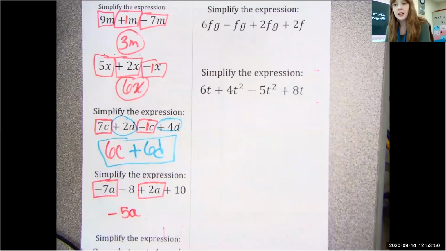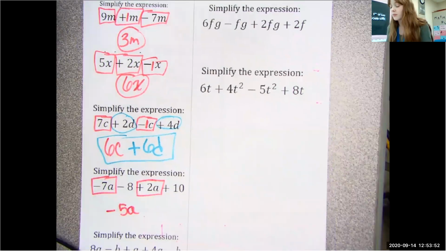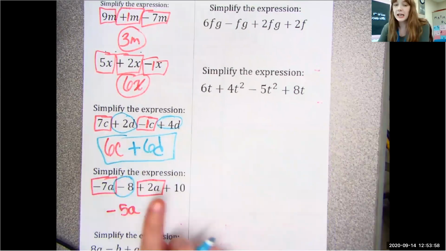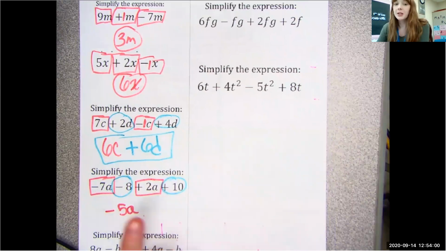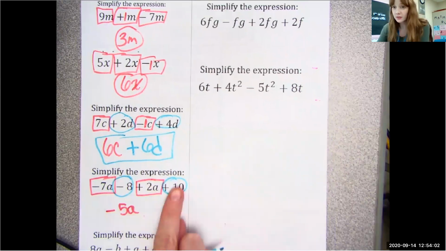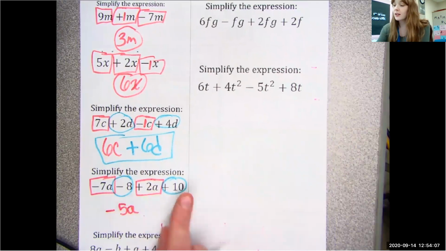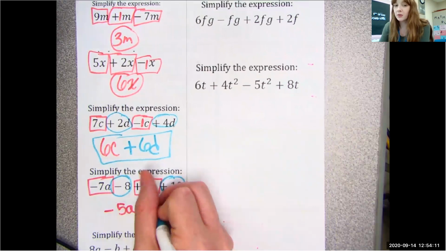And now let's see if we have any other like terms. Negative 8 plus 10. Negative 8 plus 10 is like I owe someone $8 and then I paid them back 10. That means they have positive $2.